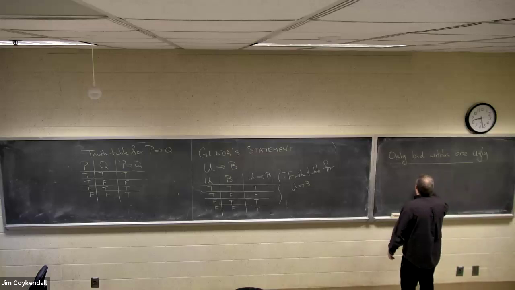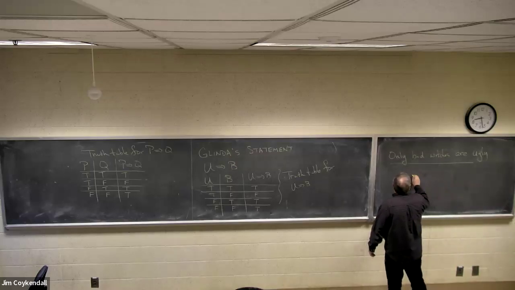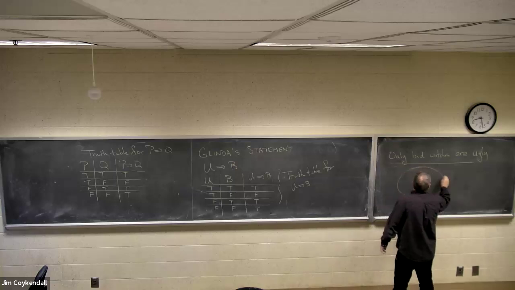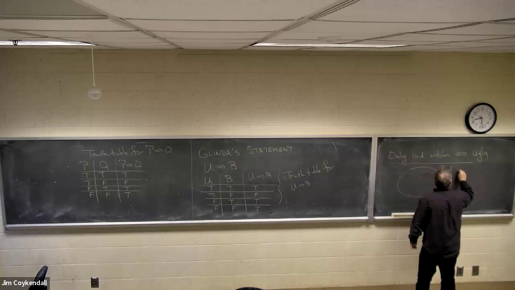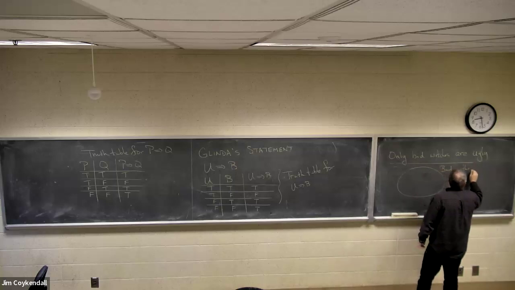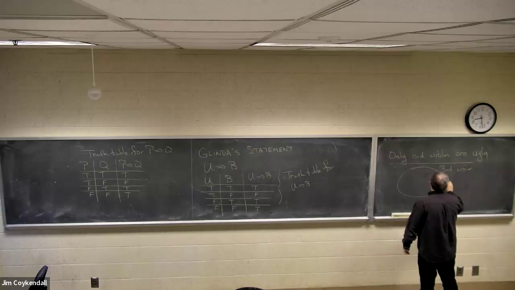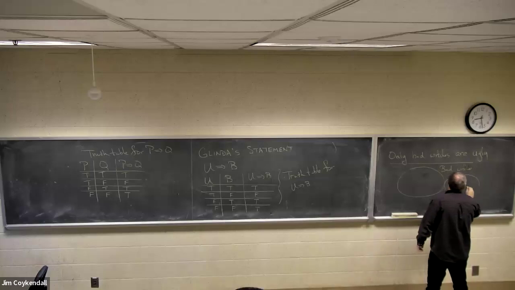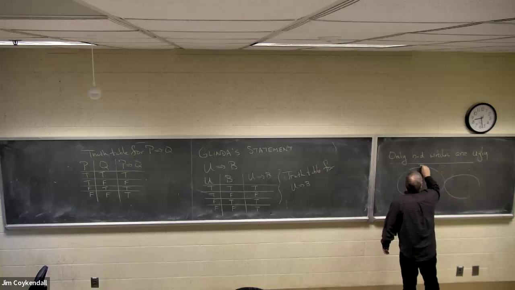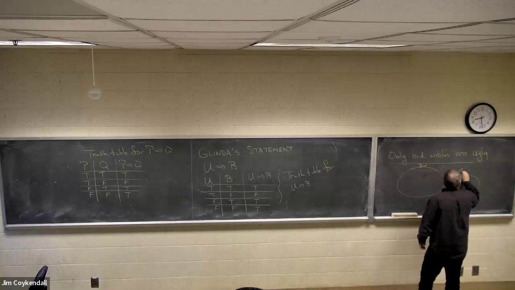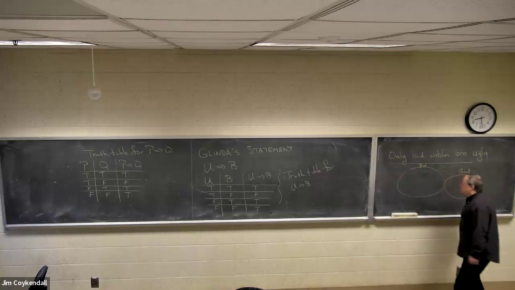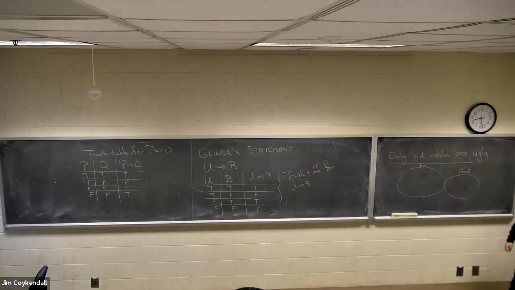Let me do a diagram here. Wouldn't only bad witches are ugly imply that no other witch is ugly?